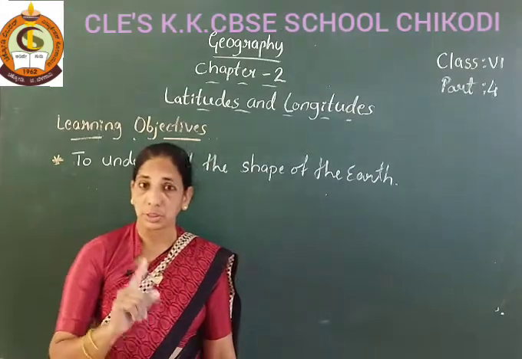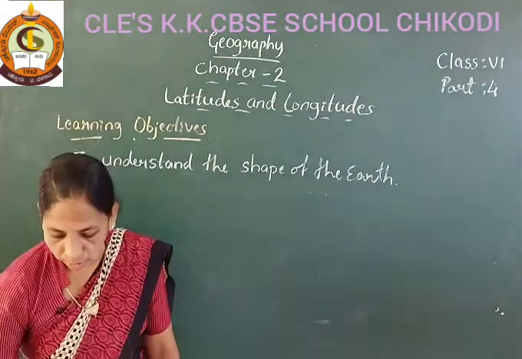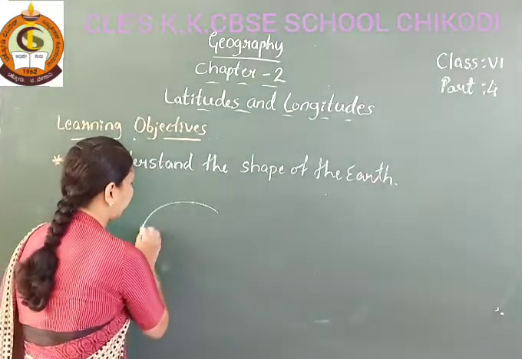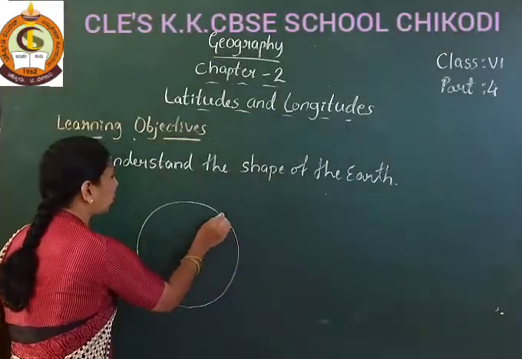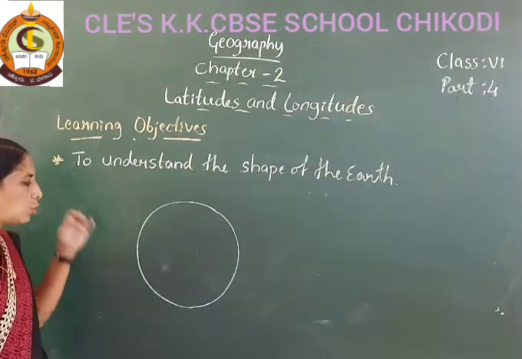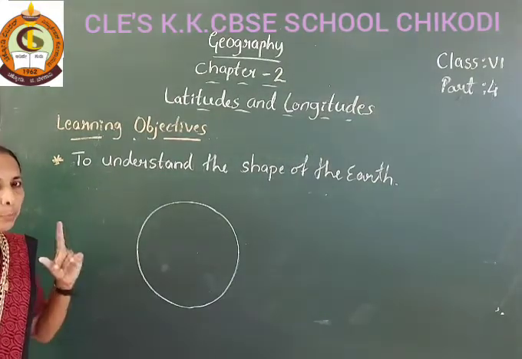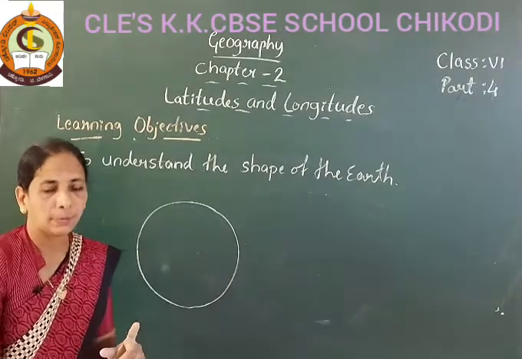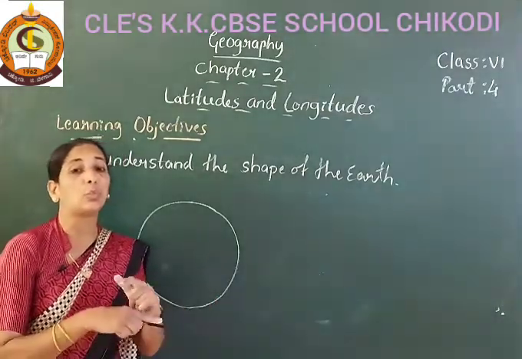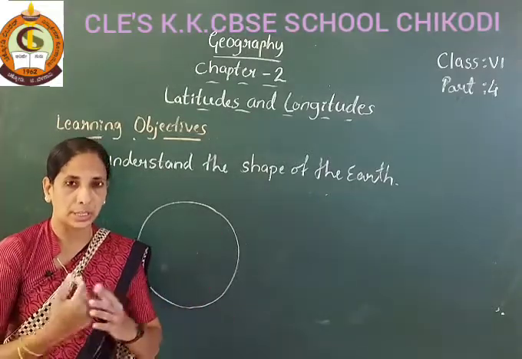And he proved the earth was round in shape. So who proved this? The Portuguese explorer Ferdinand Magellan proved this: the earth was round in shape.